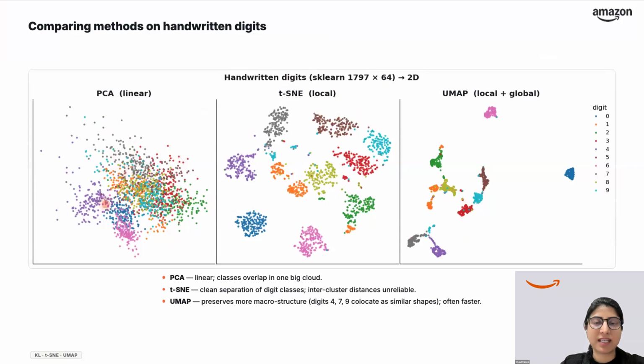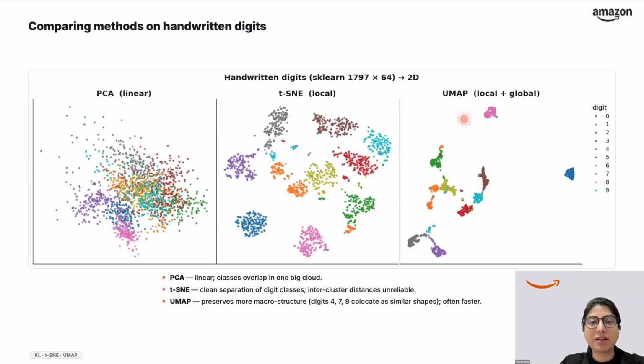With PCA, you see different clusters, but the classes are overlapping. We are not very well able to segregate the data. With t-SNE, we are able to segregate the data, but the pattern is local. It's like 9 and 7 are sort of related, but they won't be very close in the space.